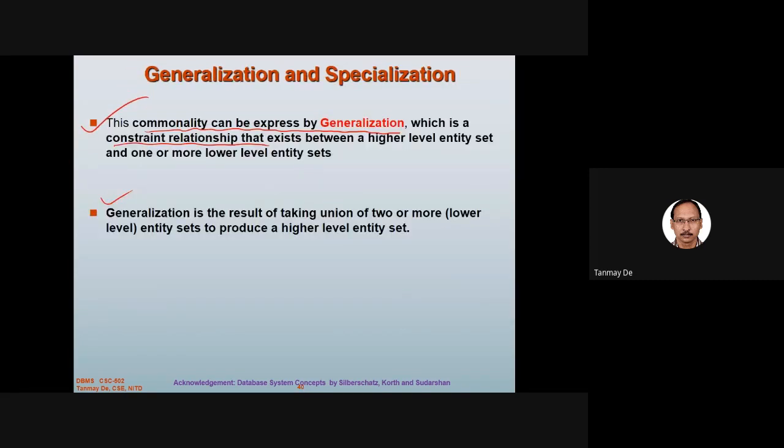Basically, the main thing is that there is a lower level entity set and a higher level entity set.